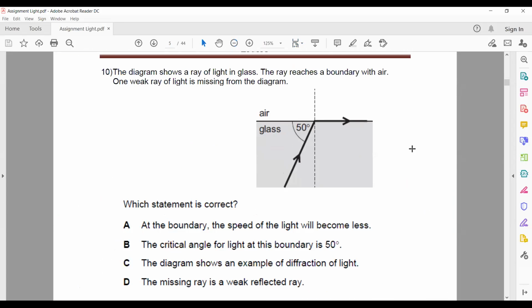The diagram shows a ray of light in a glass. The ray reaches a boundary with air. One weak ray of light is missing in the diagram. Which ray is missing?